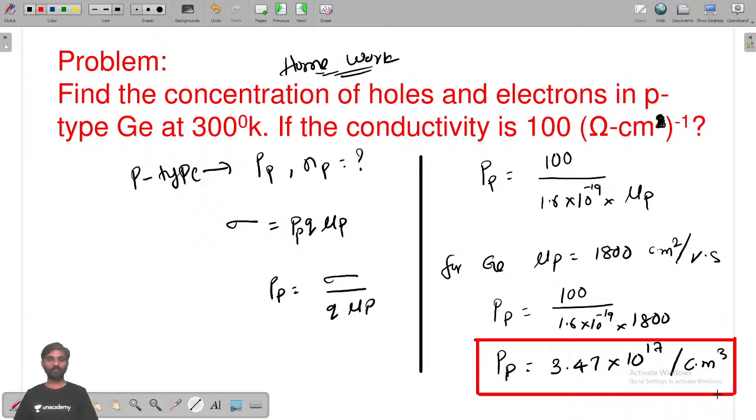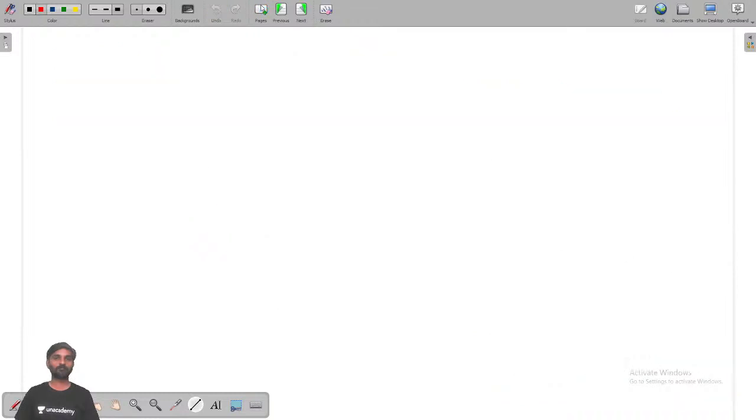How will you calculate the other one? It is asking for NP also. NP is equal to ni square by PP. What is the intrinsic concentration ni for germanium?